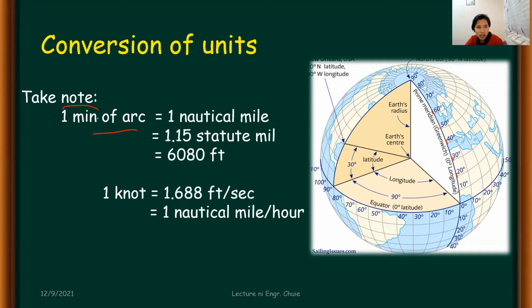Yung isang 1 minute, for example, yung pinakamaliit na 1 minute dito, let's say this portion here. So this is, let's say this is 1 minute. So if this is 0, 1, 2, 3, 4, then 10 degrees dito.